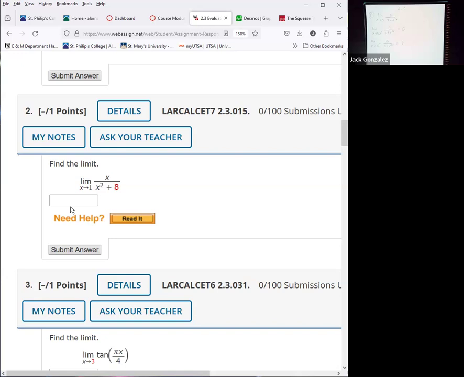Yeah, it's 1/9, right? So since you're able to plug it in, well, that's the limit. That's it.